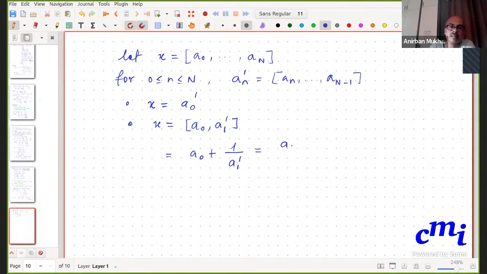Therefore, I can write it as a0 a1 dash plus 1 by a1 dash.